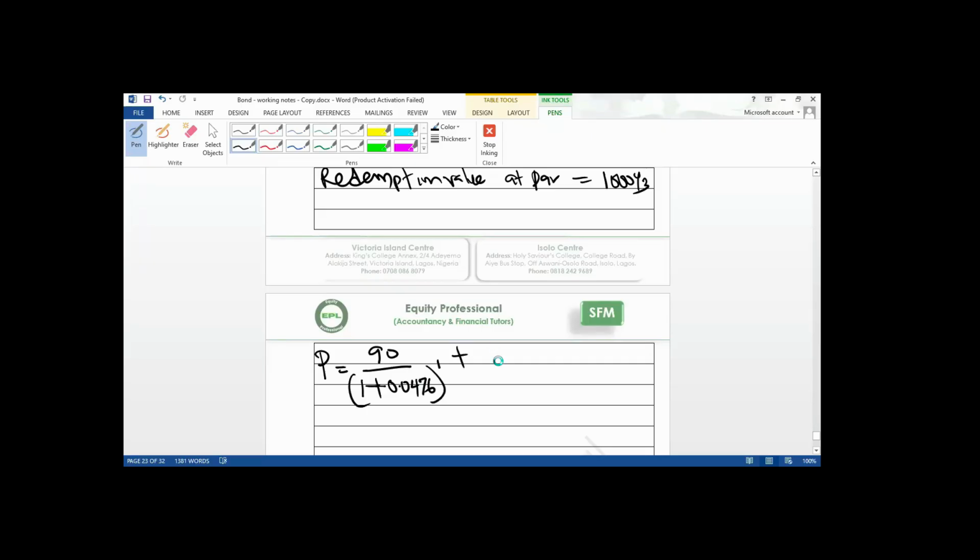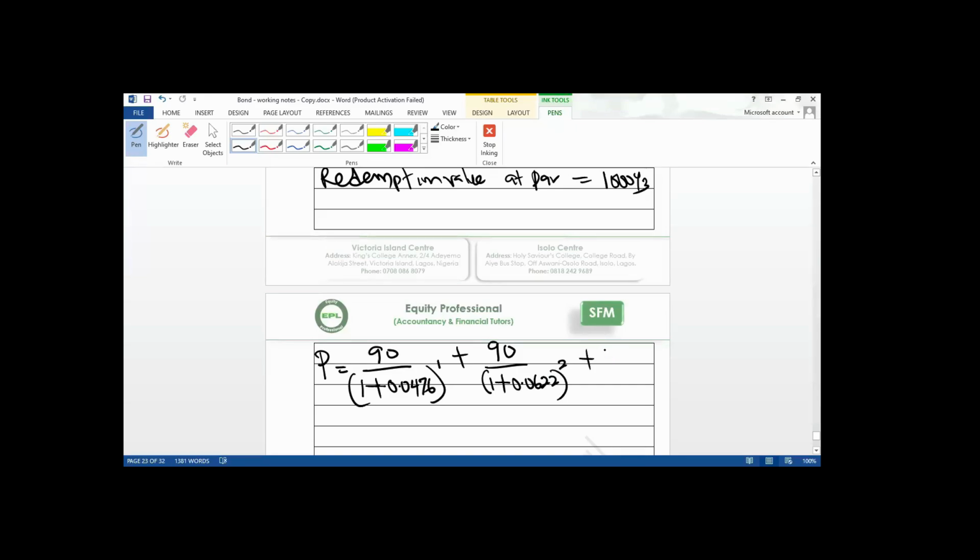Plus cash flow in year 2, 90 naira. What is the spot rate in year 2? We are using default free spot rates because the bond is default free. 1 plus R in year 2, 0.0622 raised to power 2.